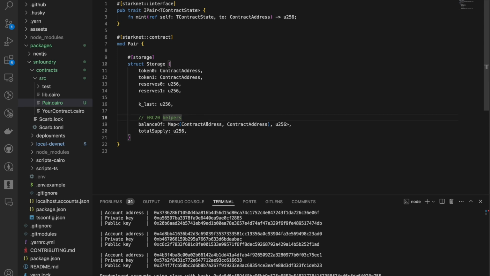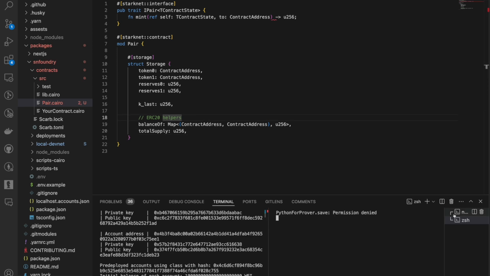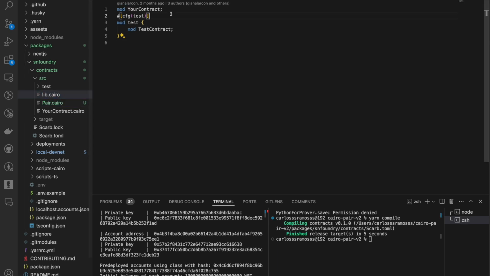All right. Let's take a look first to see if this thing compiles. Okay, this is correct. No, no, this is not yet correct.